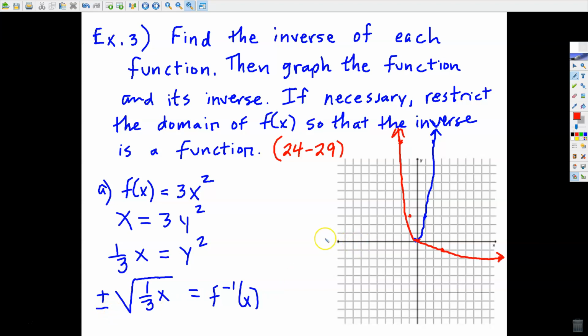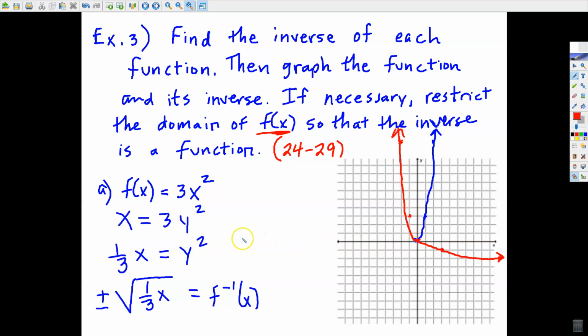Okay, so let's think about the domain for the original function that would include just the red piece. How would I state the domain for the original function? That's what this says. How could I state the domain for just the red side? Anybody want to take a stab at it? What would the domain be for just this part of the parabola?